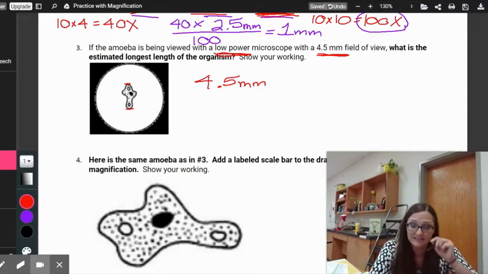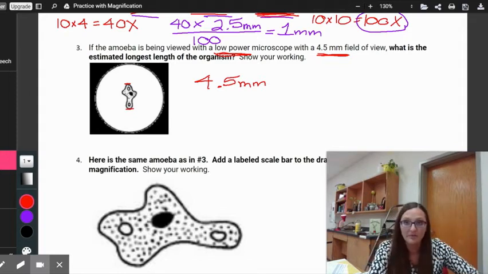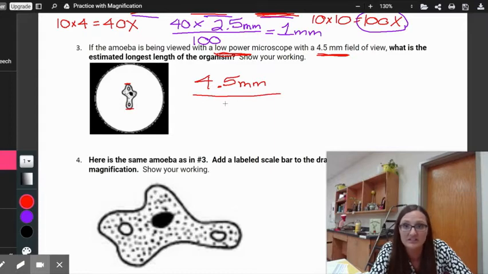today as a class, we estimated that it would take about 3 of them to go all the way across. So now what you're going to do is this amoeba takes up about 1/3 of your field of view. And so I chose to multiply times 0.33. The other kids today decided they would prefer to just divide by 3.